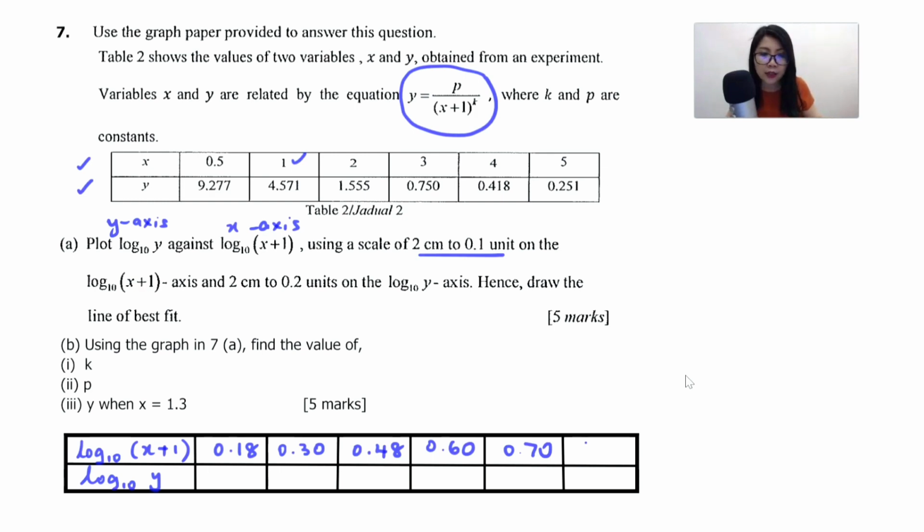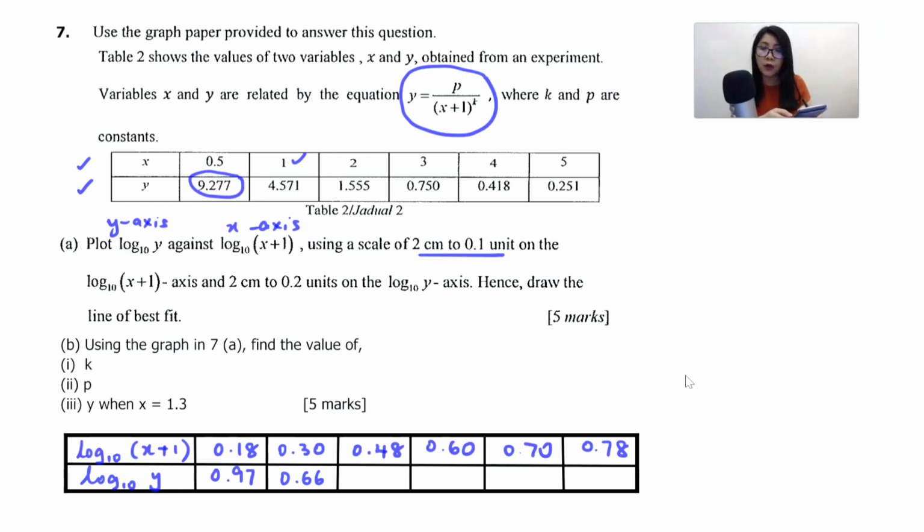Now we're going to find log y. Log 9.277 is 0.97, given in 2 decimal places. Log 4.571 is 0.66. Log 1.555 is 0.19. Log 0.750 is negative 0.12.